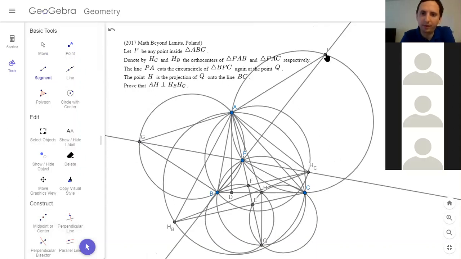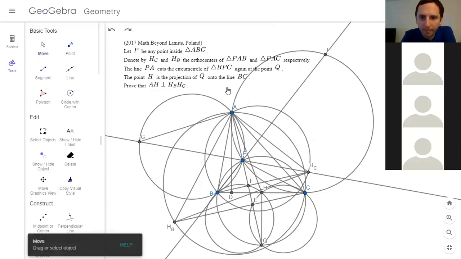It reminds me of another problem we did. But we have, wait, what's the other one? So if you reflect HB over AHC, I don't think I drew point I right, actually.